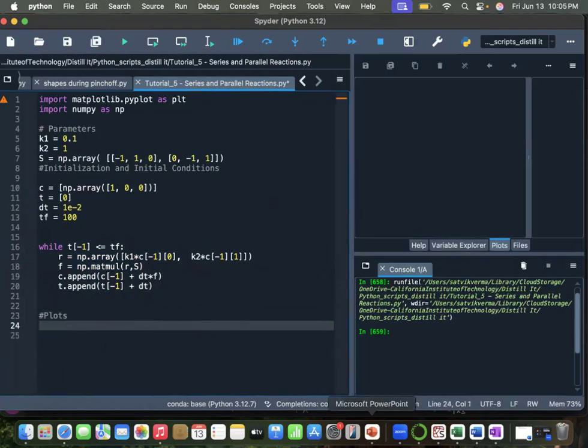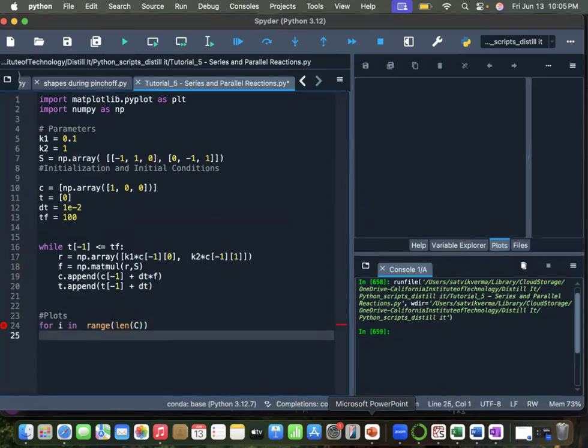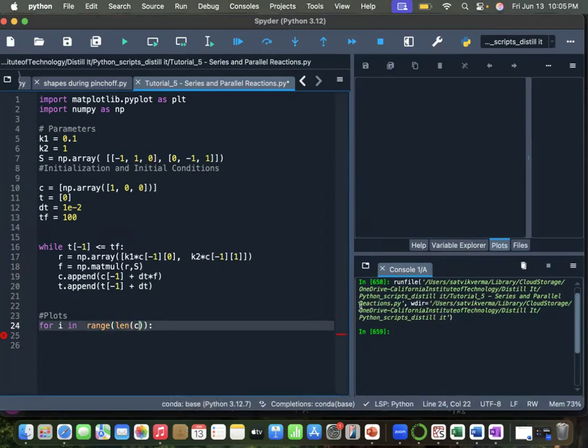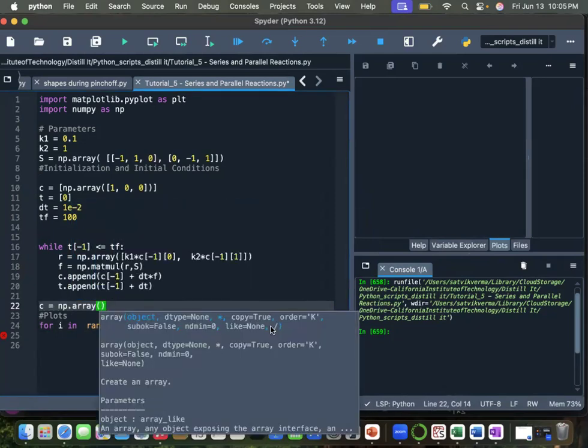So just like we've been plotting. So for I in range len C, C is small. So len C, because that's how many of them we have. And before that, we convert C into a matrix, just so that it's easier to extract data.